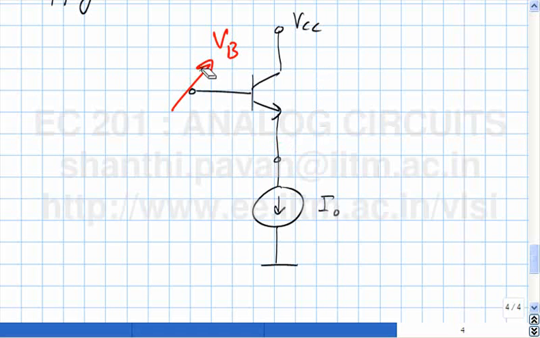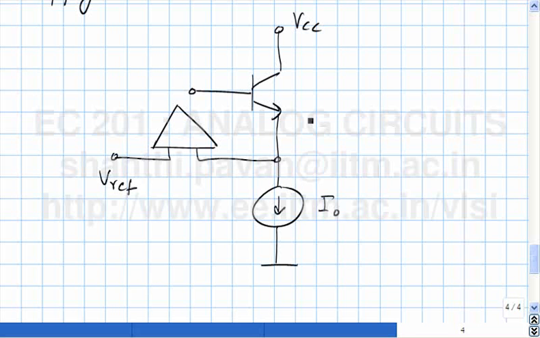So I compare this with some constant voltage Vref. This potential is increasing, I must reduce VB. So what should be the sign of the op amp? Which should be plus, left or right? Left should be the plus sign, right should be the negative sign.